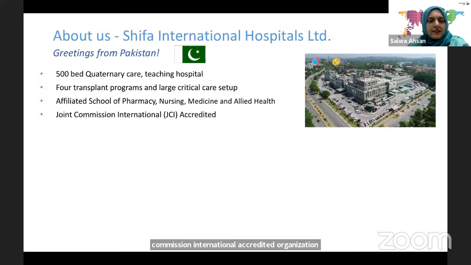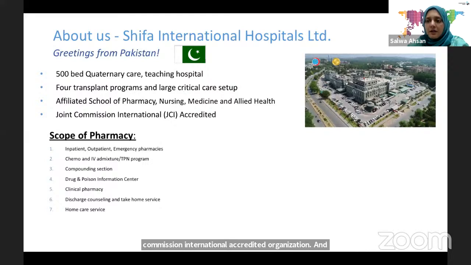And next, I'll talk briefly about the scope of services that Shifa Pharmacy offers. So we have a full decentralized system in which we have satellite pharmacies of inpatient, outpatient. We have emergency pharmacy. We have chemo and IV admixture program, and we also compound total parenteral nutrition in pharmacy.